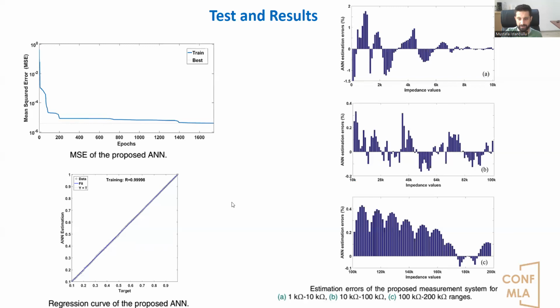The proposed impedance measurement system is tested in the range of skin impedance values between 1 kilo ohm and 200 kilo ohms, as I said before. The test accuracy for the system is supported by using the high precision through hole thin film conformal coating silicon resistances with 0.01% tolerances.